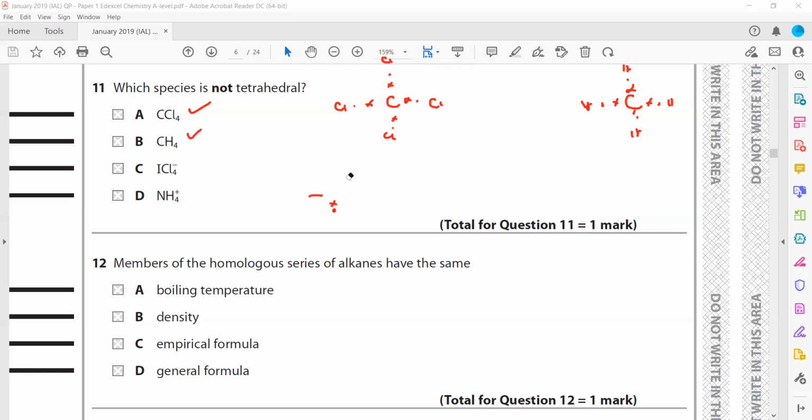When we draw the structure for ICl4-, iodine is the central atom. Chlorine belongs to group 7, and iodine also belongs to group 7.